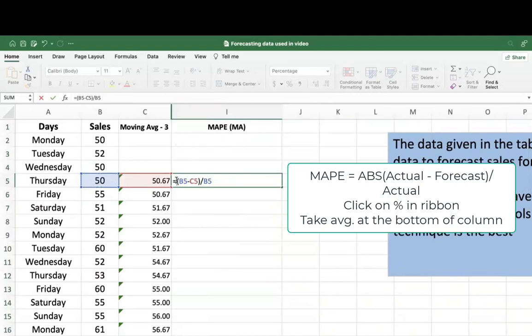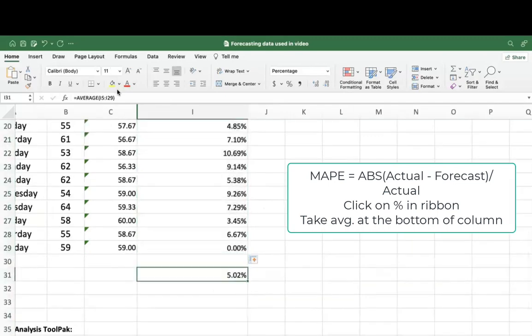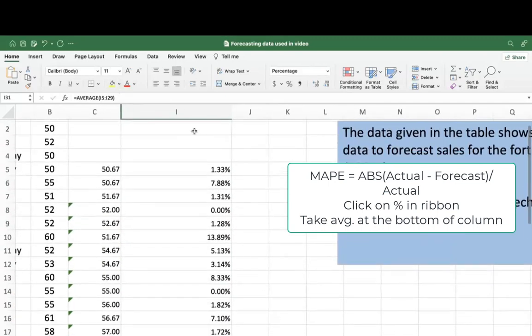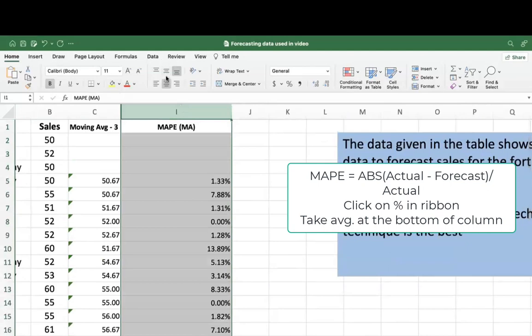I will add A here, and I will add more parentheses. And the last thing is M, mean or average. This is something we have to take at the bottom. So we are done. You can see it's already there, 5.02. So this is how we calculate the mean absolute percentage error.